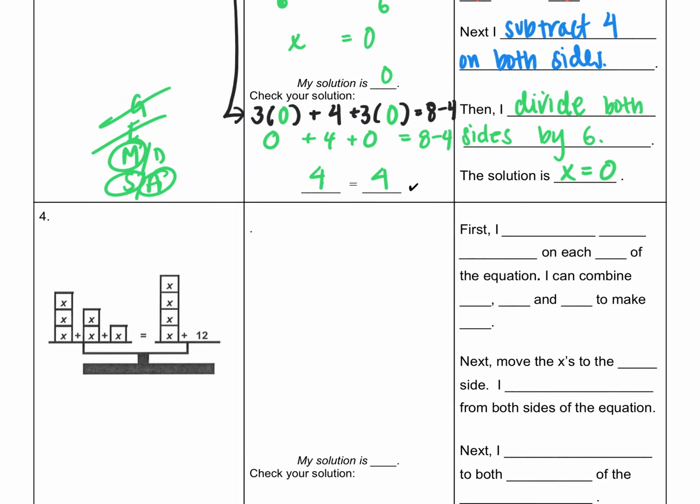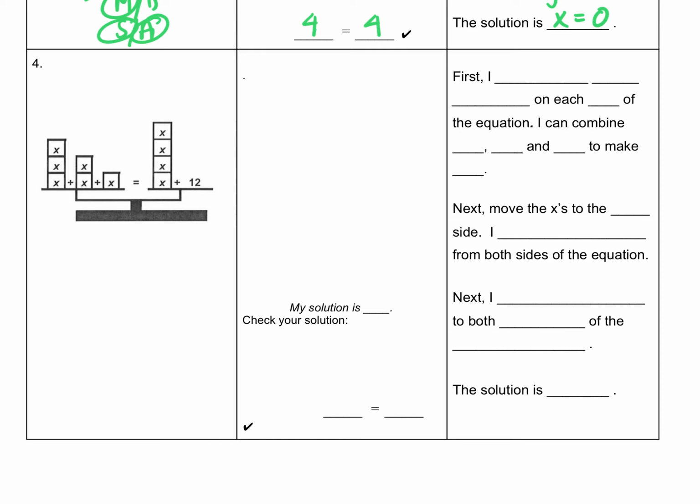All right, we're going to do one more problem, number 4 down here. So to write our equation, it looks like we have 3x's plus 2x plus x equals 4x and then plus 12x.